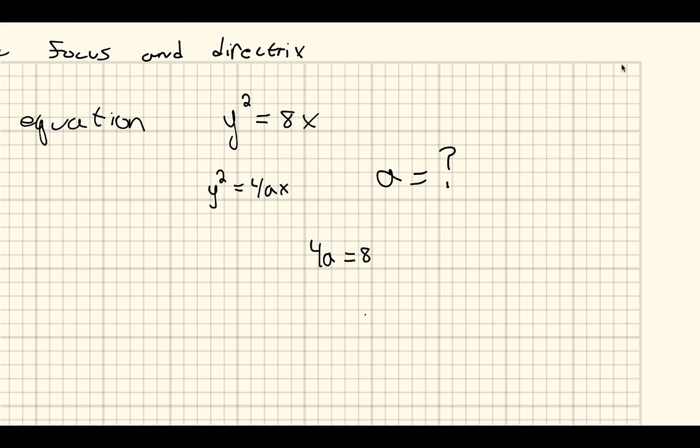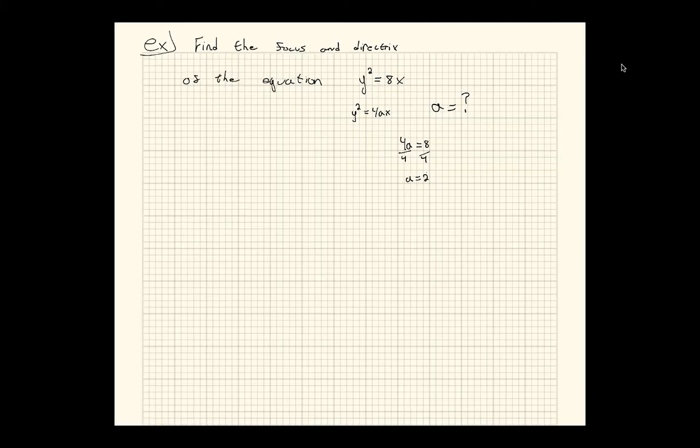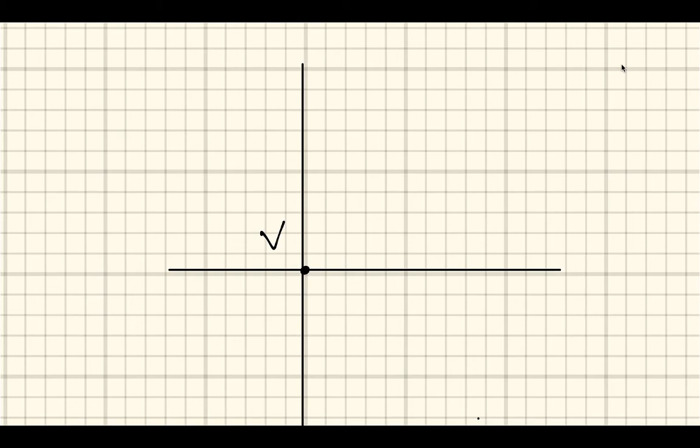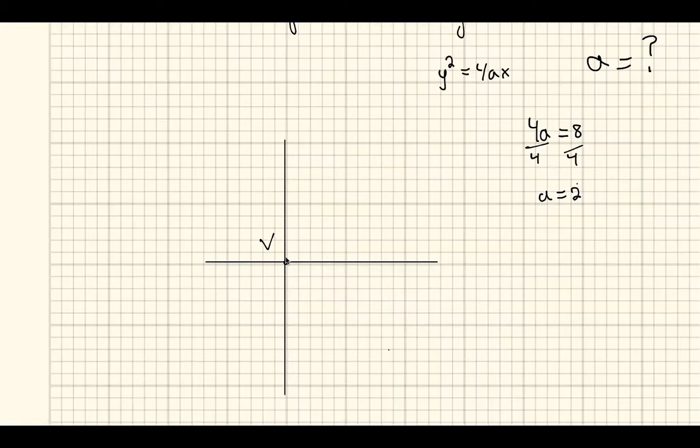What is a? Well, if you divide by 4, a is 2. So getting a to be 2, we should know that this opens up to the right. If here's the vertex, we know a is 2, so the focus is 2 away from the vertex, at 2 comma 0. That's my focus.